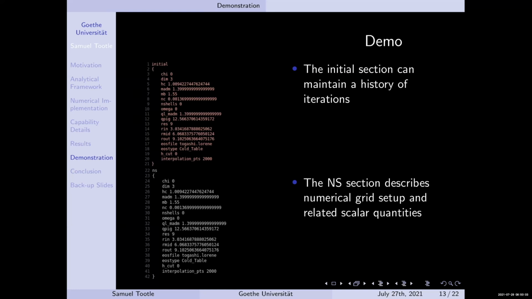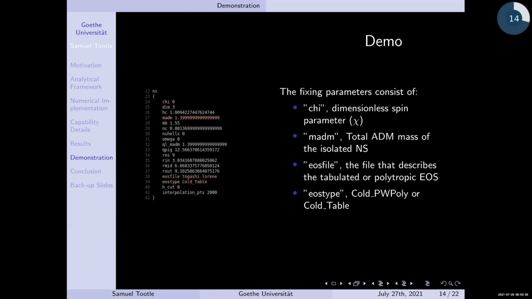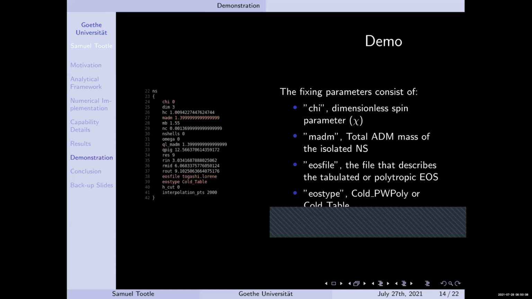So if we wanted to modify this to be something else, so you decide you want to do a different configuration, the only thing that you have to worry about is the chi fixing parameter and the ADM fixing parameter. There's also the option to do baryonic mass fixing.